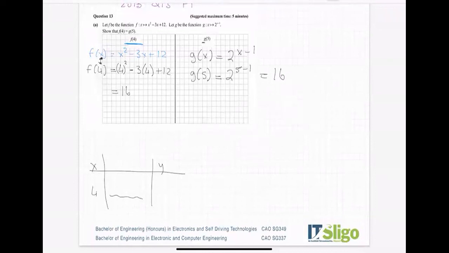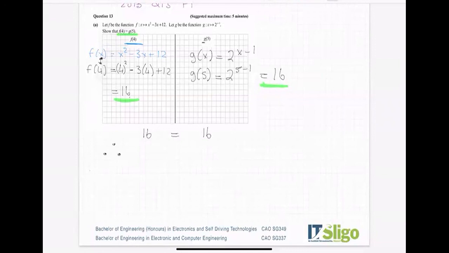So you can see now there's 16, there's 16. What I would always say, so that the examiner knew that I understood the question, now that I kind of have a clue what it means, show that f of 4 is equal to g of 5, I would say 16 from here equals 16 from here.